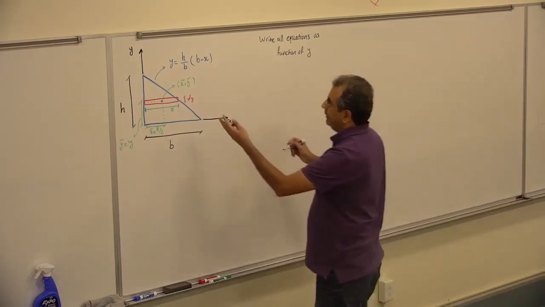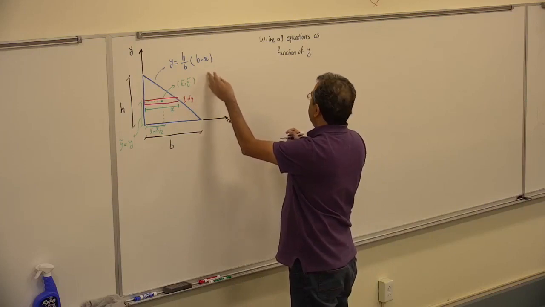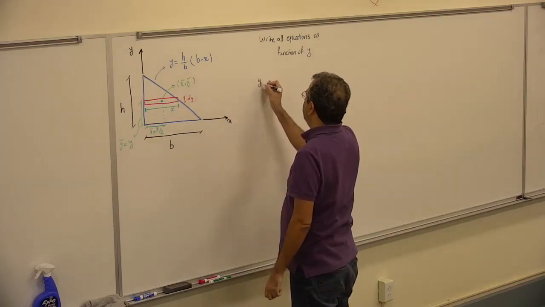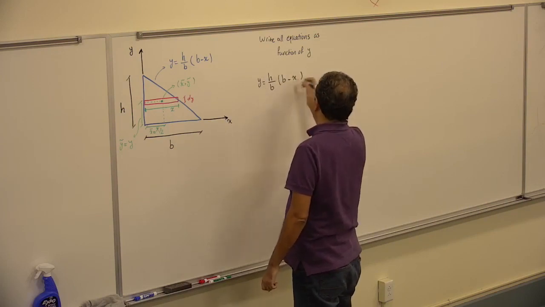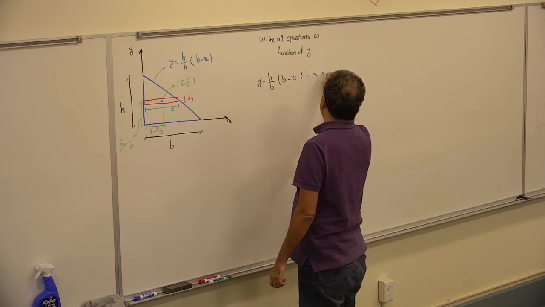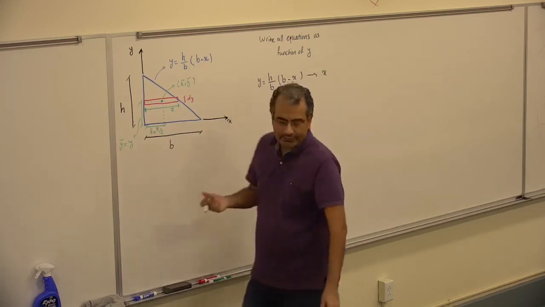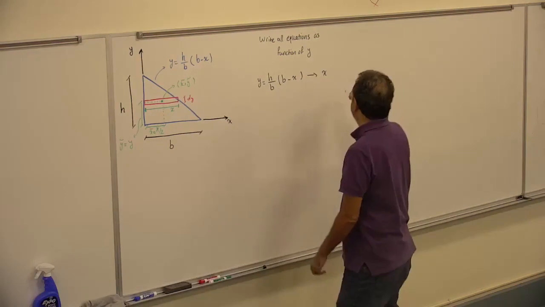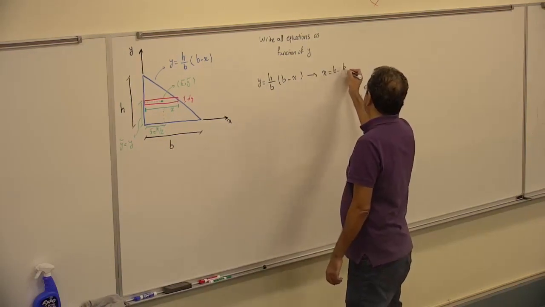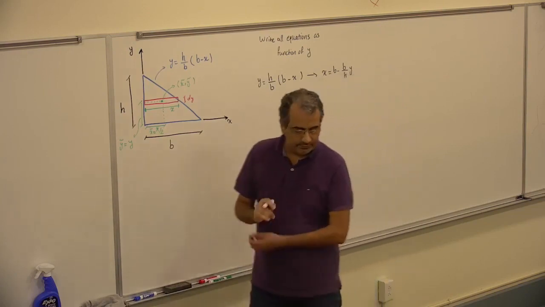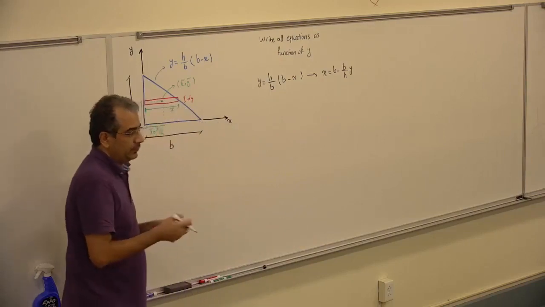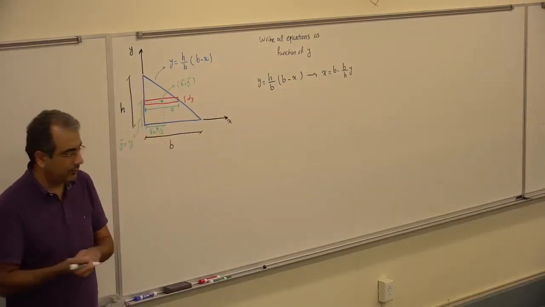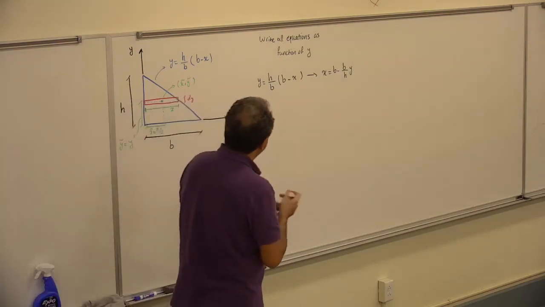The first one: I know that y is h over b minus x, so if I have that, I can write x as a function of y. X is going to be b minus b over h y.